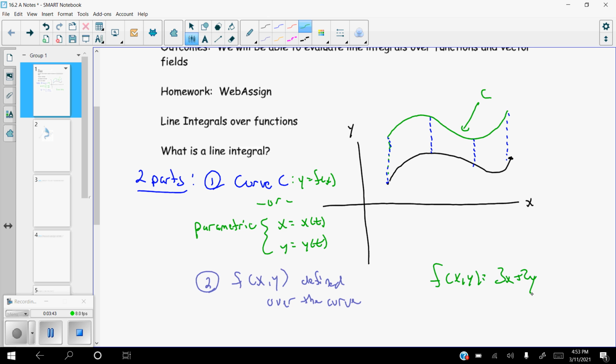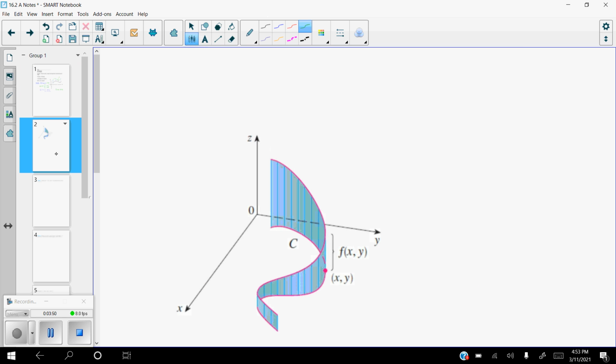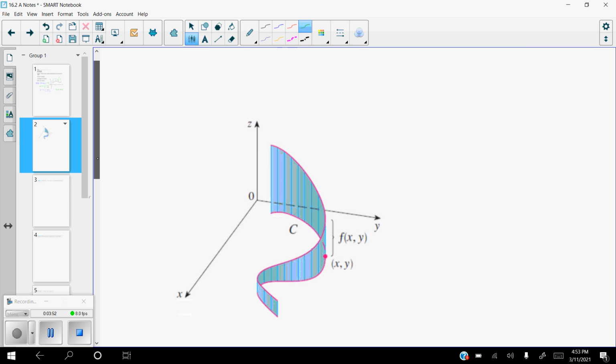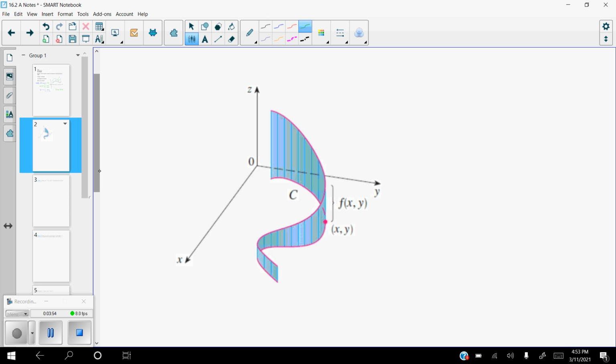All right, let's go on to the second page, because I think this is going to be easier to get a general idea of what's going on. So what you can see is that this is pulled straight from a book.